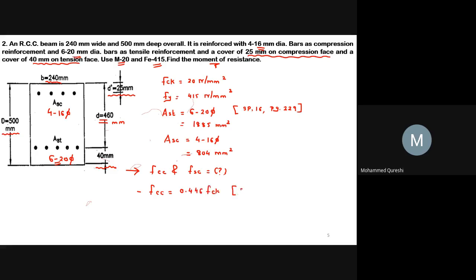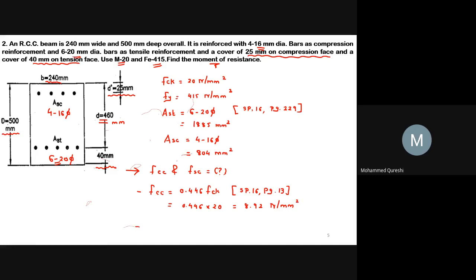This equation is given in SP16, page number 13. So, Fcc will be equal to 0.446 into the value of fck, which is 20. So, you will get Fcc equals 8.92 Newton per mm square.